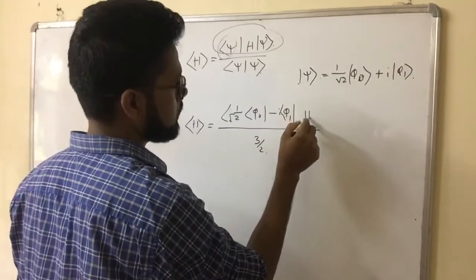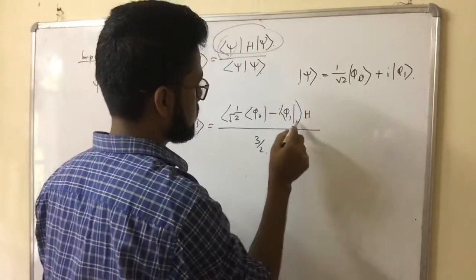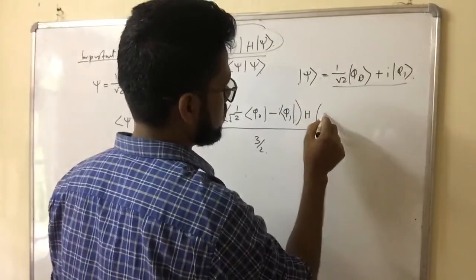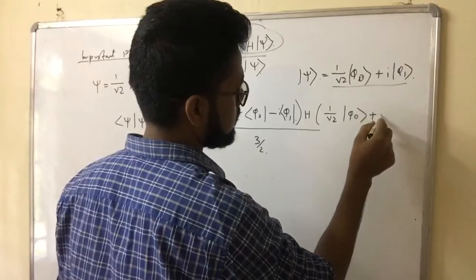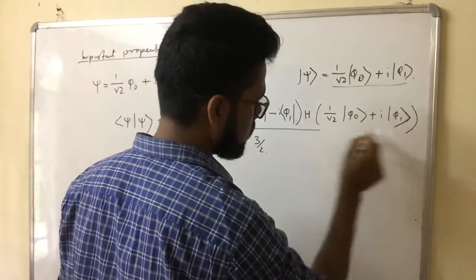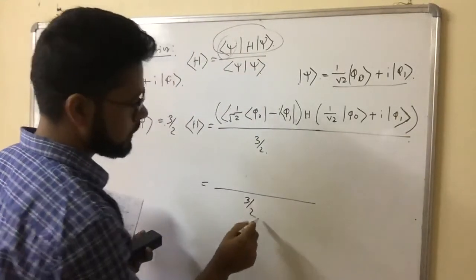Then the Hamiltonian, close bracket. Then I write this part, 1 by root 2 (phi naught plus i phi 1), close bracket. Now you see, this is 3 by 2, right?